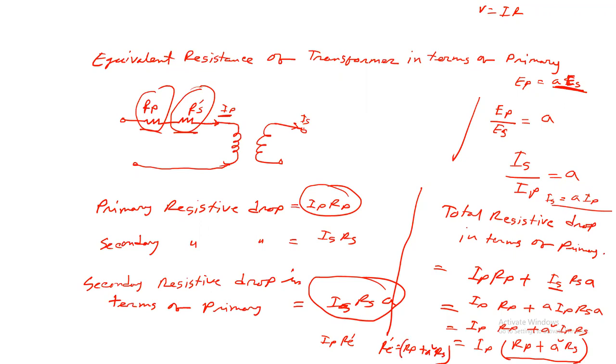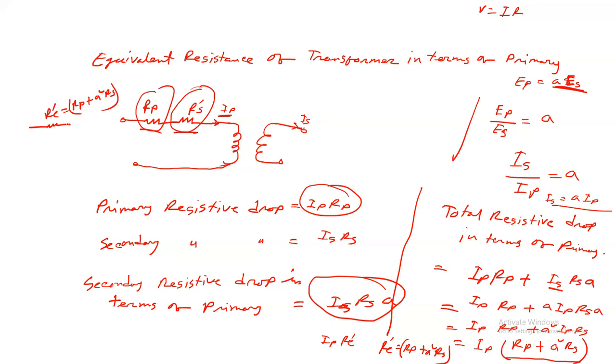So this is IP RE single prime, the equivalent resistance. Both resistances are combined into a single one, named RE single prime.